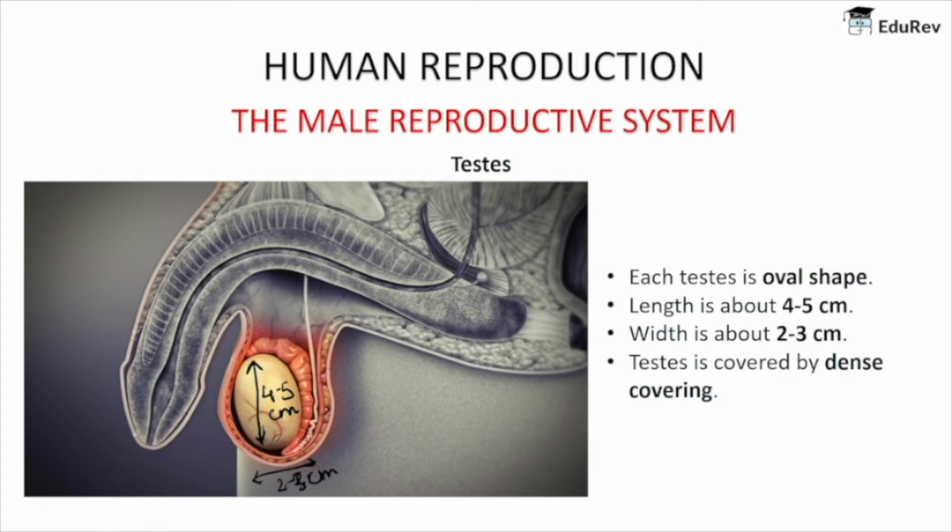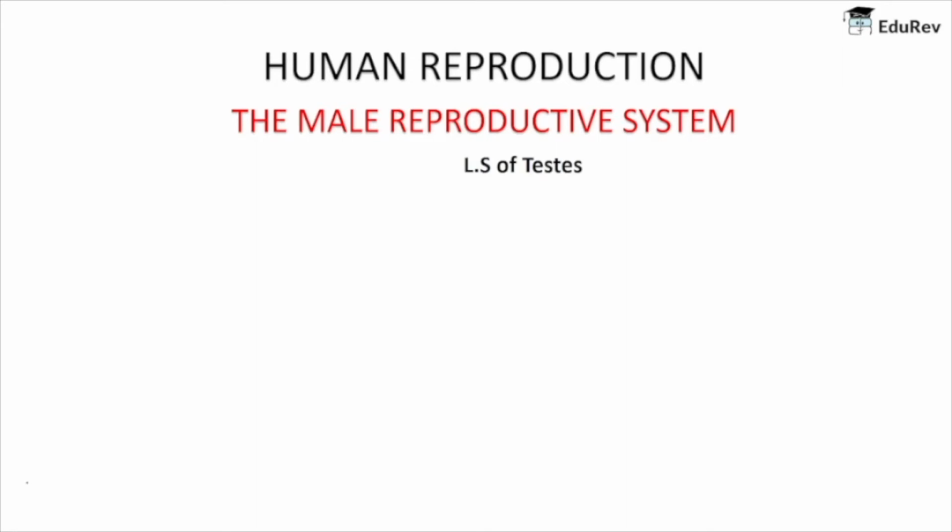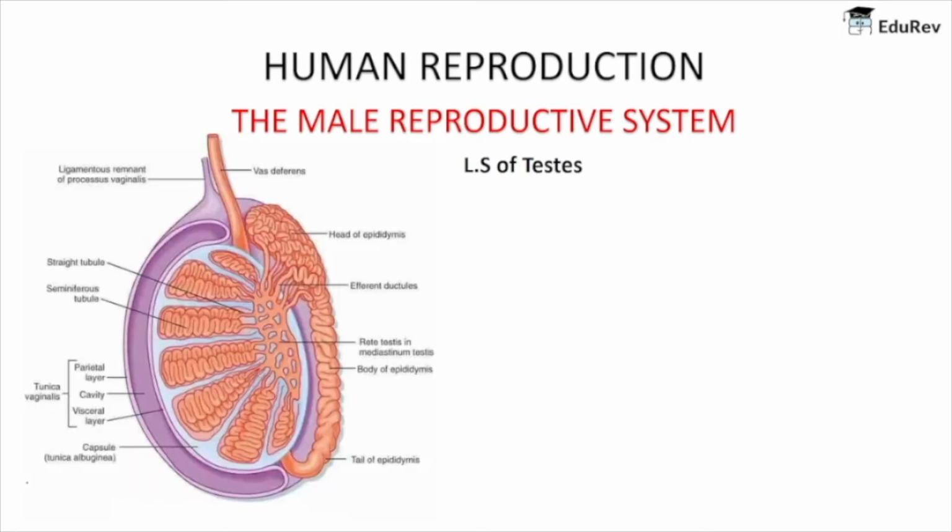Now let us look at the longitudinal section of the testes. We are actually looking inside the testes, at how it looks and what is there inside. As far as we know, there are two testes in human males.